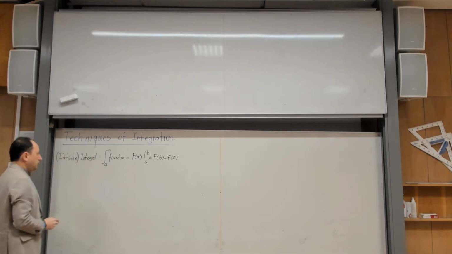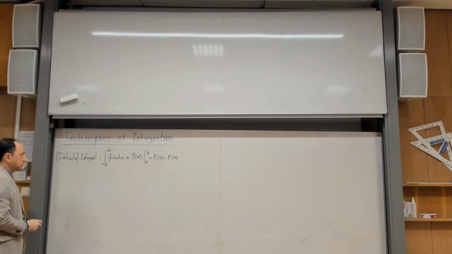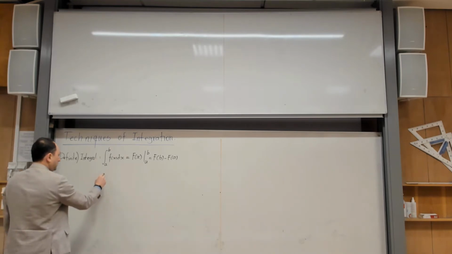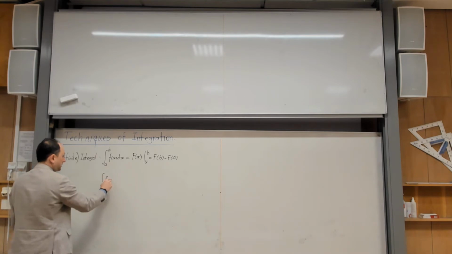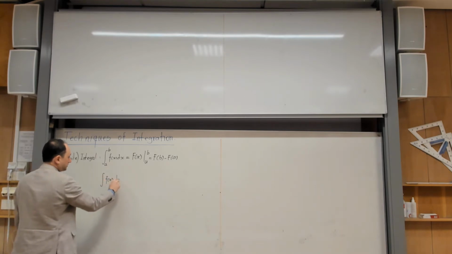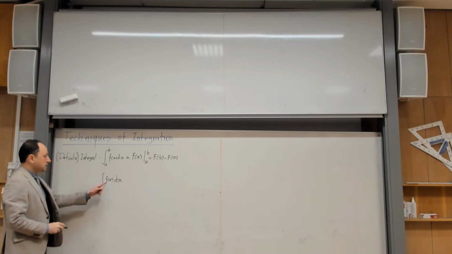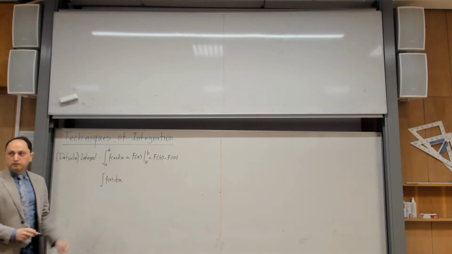And instead of talking about a primitive function, we denote it by this symbol. That's also an integral. So when I write the integral of f of x dx, this means that I am looking for all primitive functions for f.